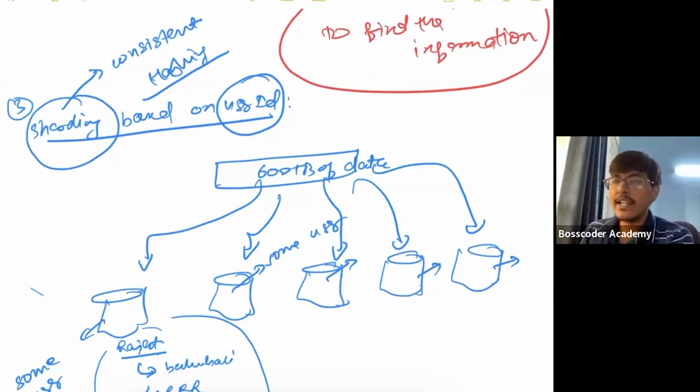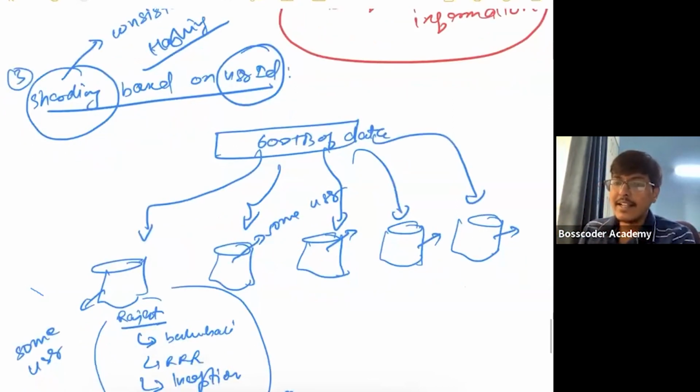But you can read about it after this class. Right now you can think of it as a magic algorithm which divides this data between multiple databases based on user ID.